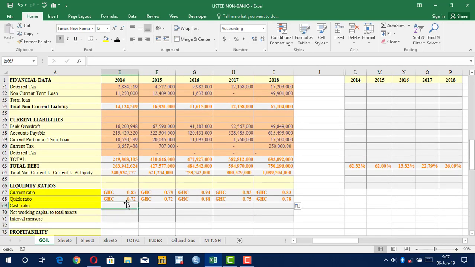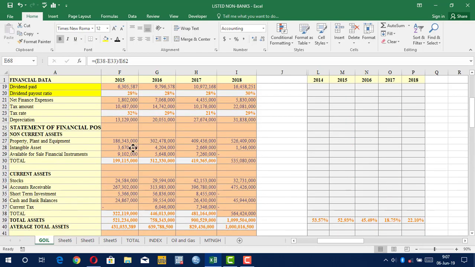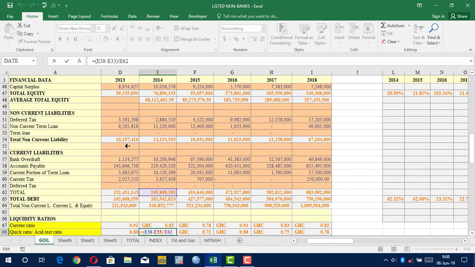Now we move on to the cash ratio. In explaining the quick ratio, or the acid test ratio, I said that we take out inventory or stock because it will take time before we realize the cash. But you can also see that we have accounts receivable there, which I said also takes time before you can realize any cash out of it.